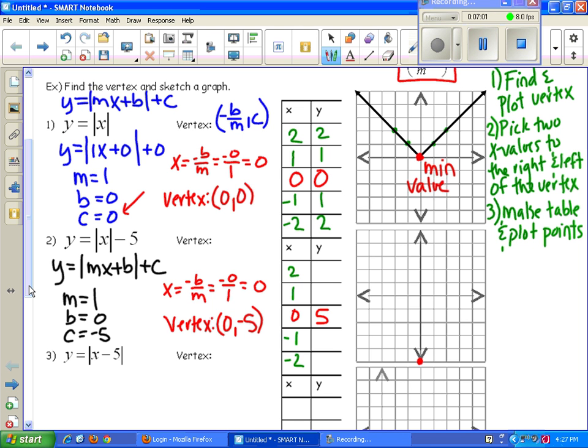So if I plug 2 into my equation, the absolute value of 2 is 2, and 2 minus 5 gives me negative 3. If I plug in 1, the absolute value of 1 is 1, and 1 minus 5 would give me negative 4.